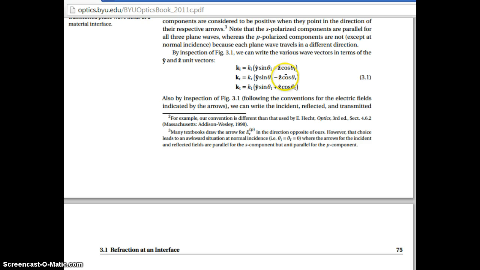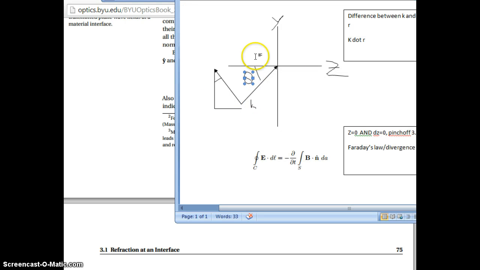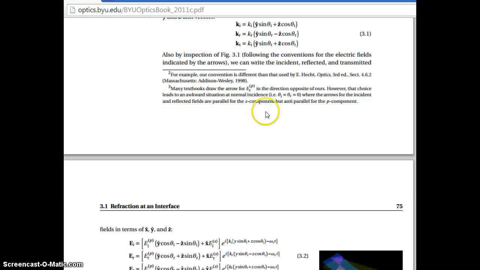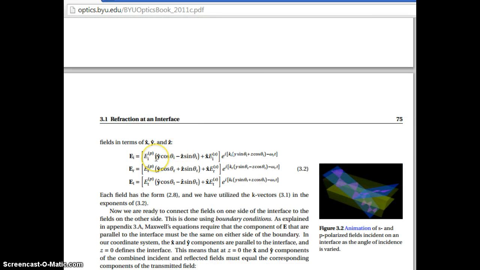It works the same way for all of these. The only reason that one's negative is because reflected light travels in the negative z hat direction. So that's what gets us there. Now, the electric field is the initial electric field times e to the i(k·r minus omega t).